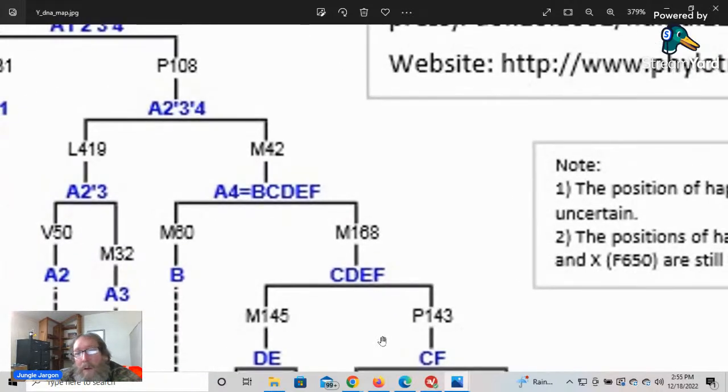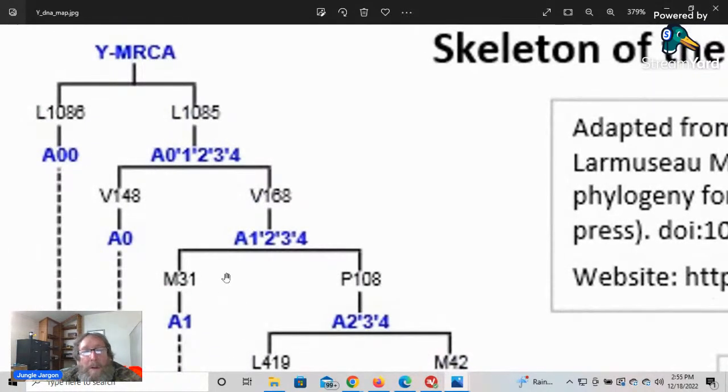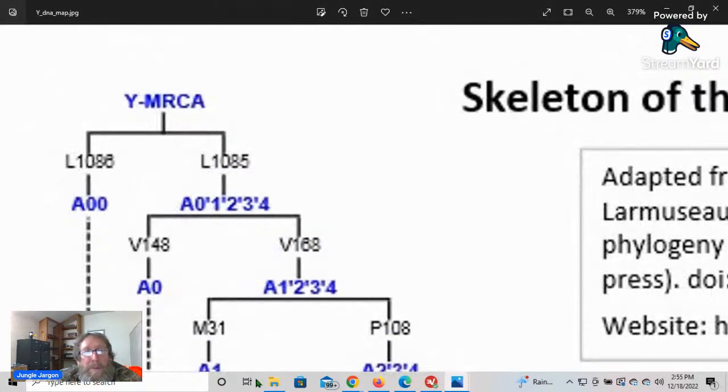This is the only possible way to disprove, if you really want to disprove the out of Africa claim, that's what you have to do. If you want to disprove this most recent common ancestor, you have to show that these markers, instead of being gained going from left to right, they're actually being lost going from right to left.